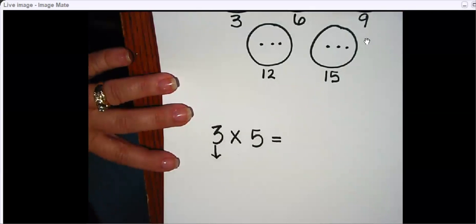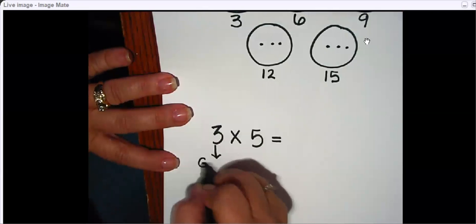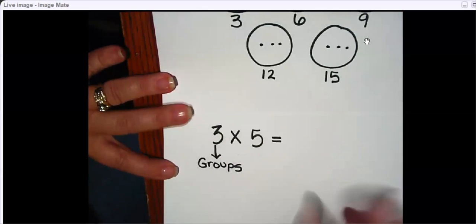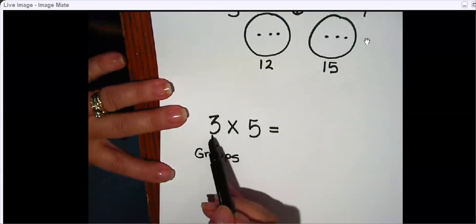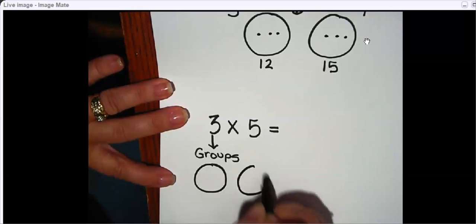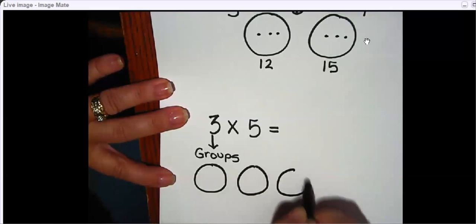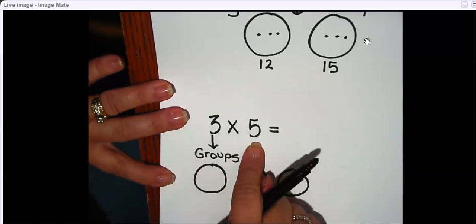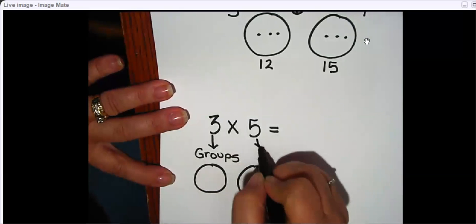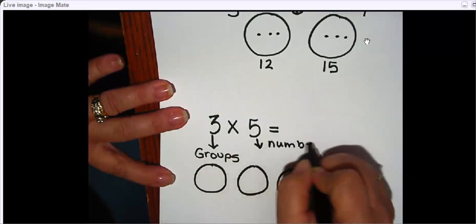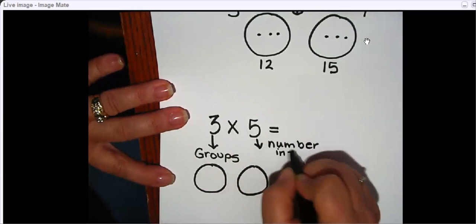This number would still be the number of groups. So I would have to make 3 groups this time. So I would make 3 circles this time instead of 5, because this time I have the 3 first, and then I would have to put 5 inside of each group, because this tells me the number in each group.